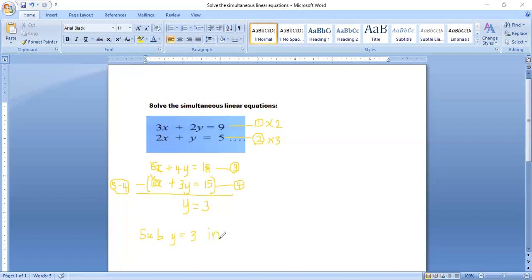Once you do it correctly, you'll get the correct answer. But I'm using equation 2. Okay, what does equation 2 say? It says 2x plus y is equal to 5.